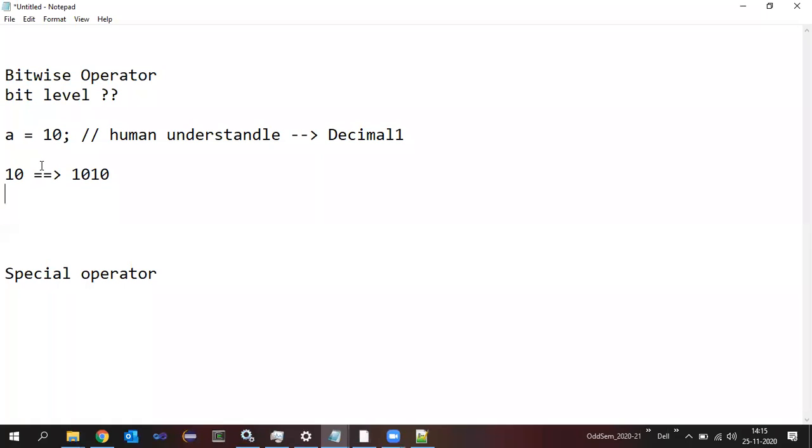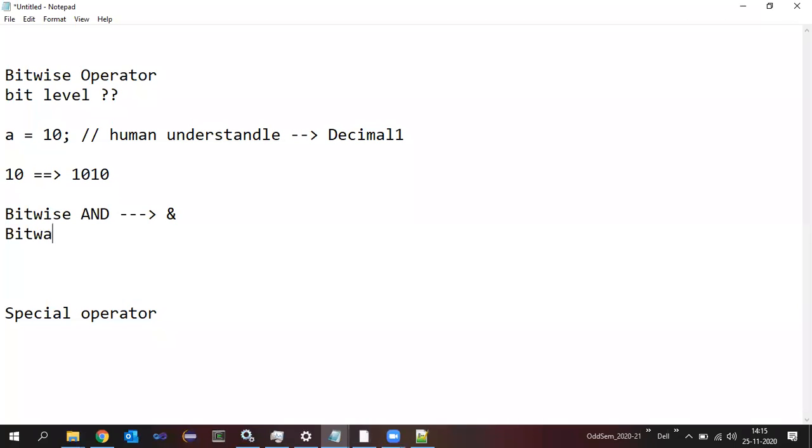Now there are different types of bitwise operators. First one is bitwise AND, represented as a single & symbol. Notice here, it is a single AND symbol. Then there is bitwise OR, represented as a single vertical line.